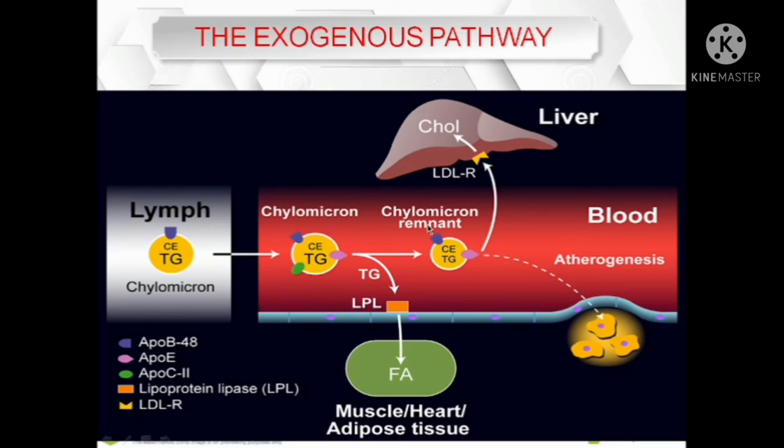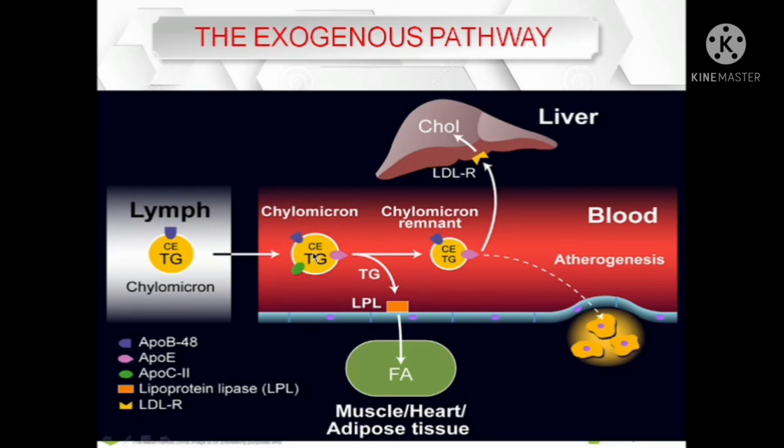Now once there is shedding of excess surface component to form chylomicron remnant, the core is replaced with cholesterol ester. So you see the cholesterol ester here. The core of the triglyceride or the chylomicron particle is replaced by cholesterol ester.